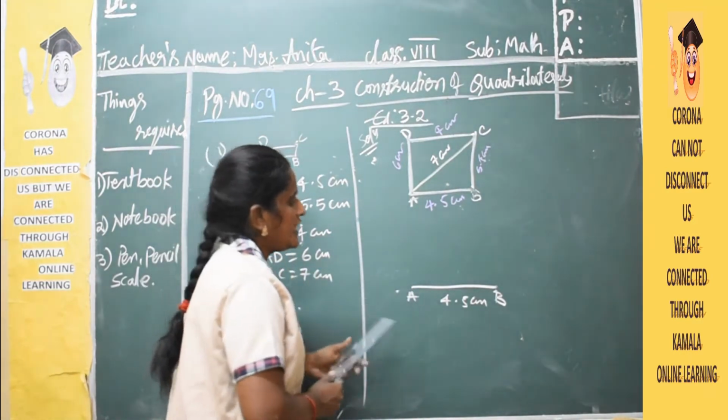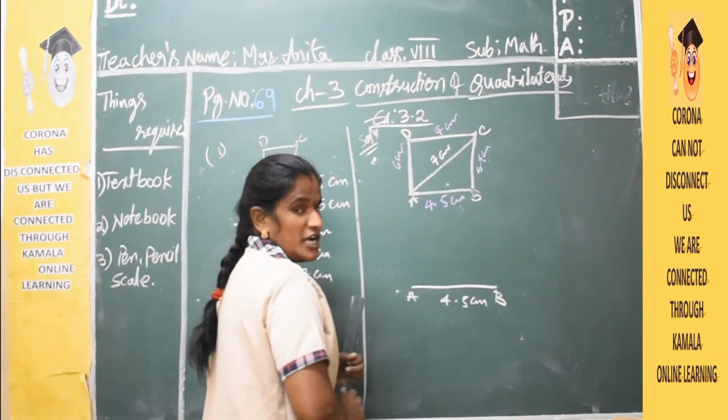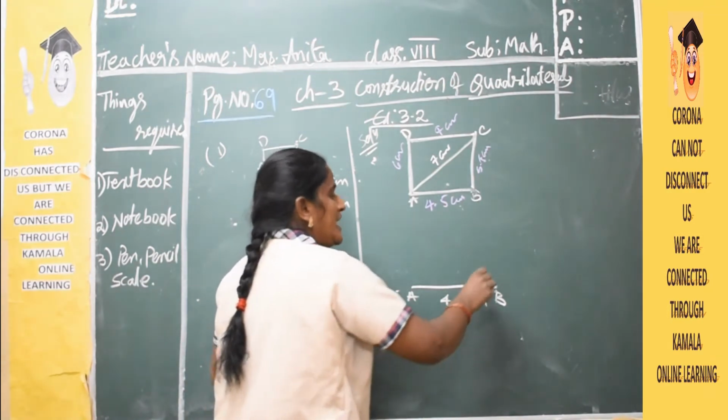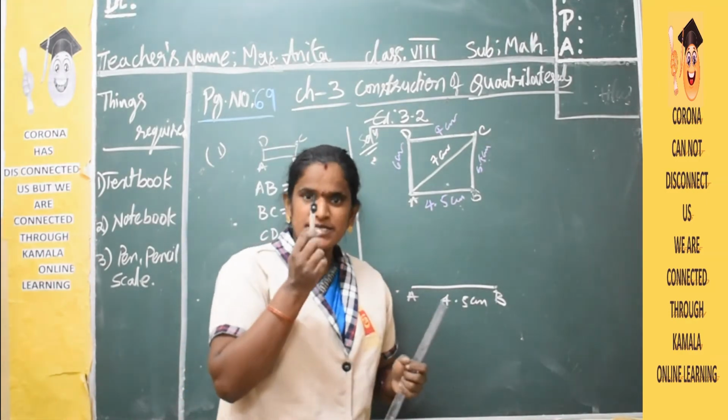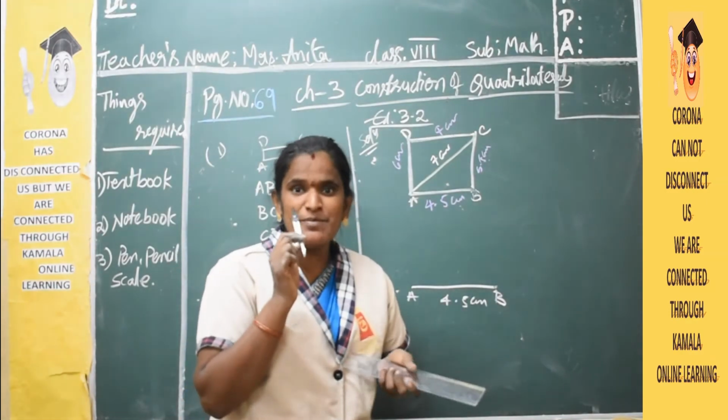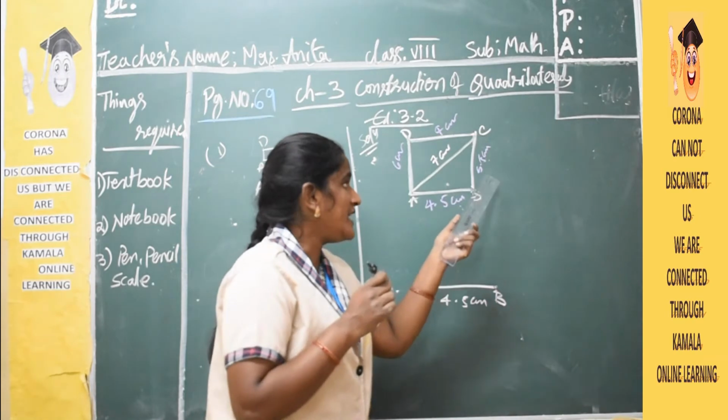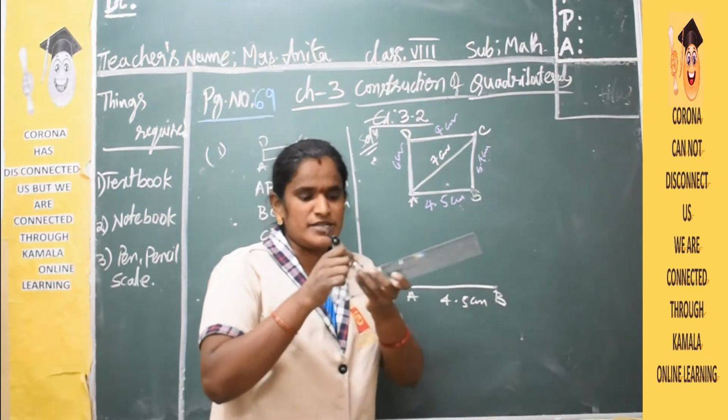So first I am going to take line segment AB. I have drawn it already. So B as a center, use compass. Take the measurement on ruler, that is 5.5 centimeters.